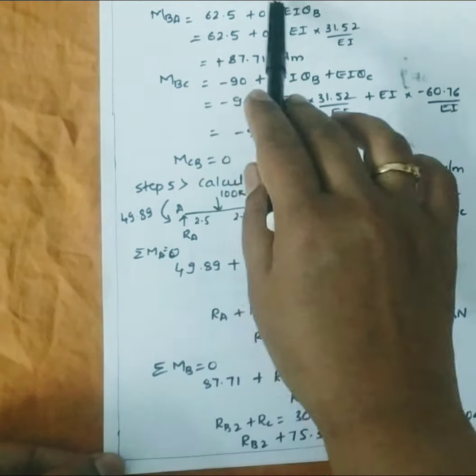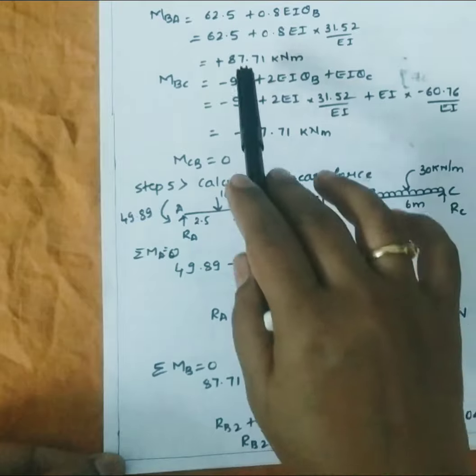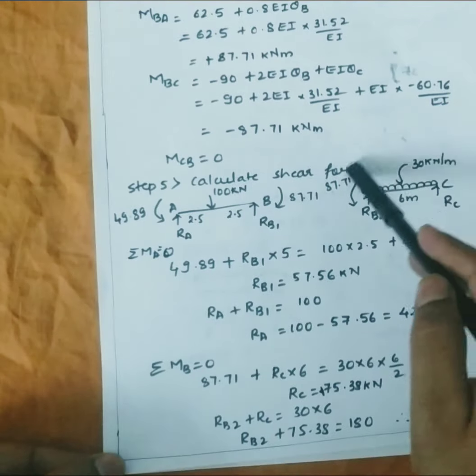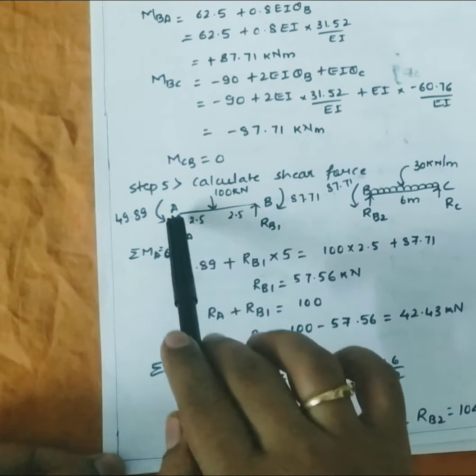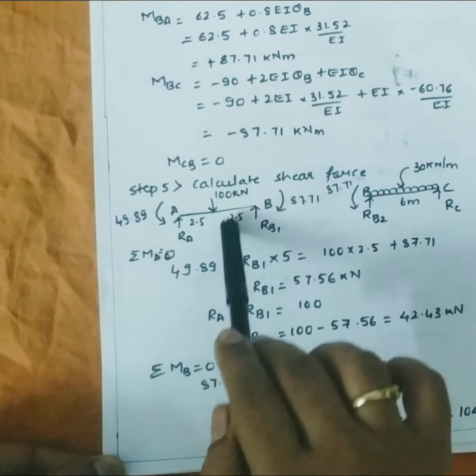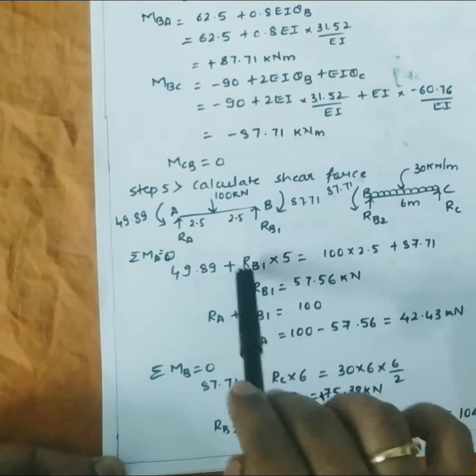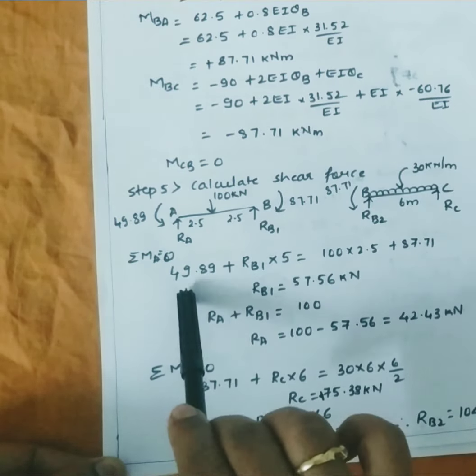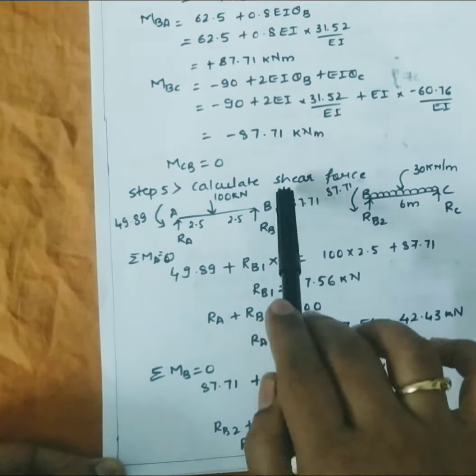Here it is minus 49.89, so anti-clockwise 49.89, and MBA is 87.71 clockwise, MBC is minus 87.71, and here the moment is 0. For this span AB, taking moment about point A: 49.89 anti-clockwise plus RB1 into 5 anti-clockwise, equal to the clockwise moments on the other side of the equation, 100 into 2.5 clockwise, then this clockwise moment 87.71.